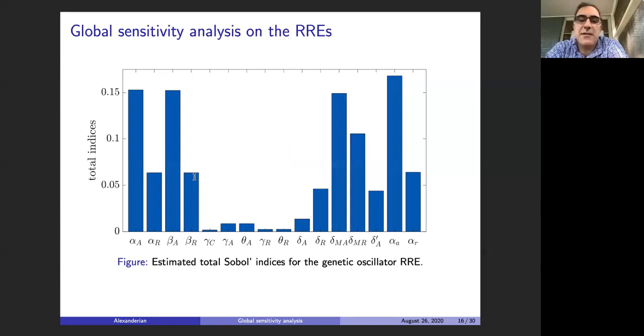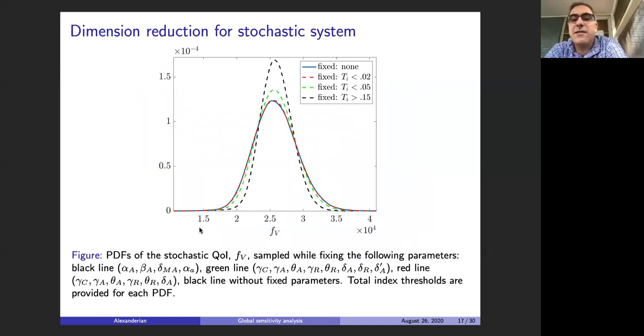And again, there's a lot of parameters, but one thing that you immediately notice is that in the middle, we have 6 reactions where the total Sobol index looks small compared to the other ones. So let's test. It's an illustration of getting meaningful information from this macroscale model about the stochastic model.